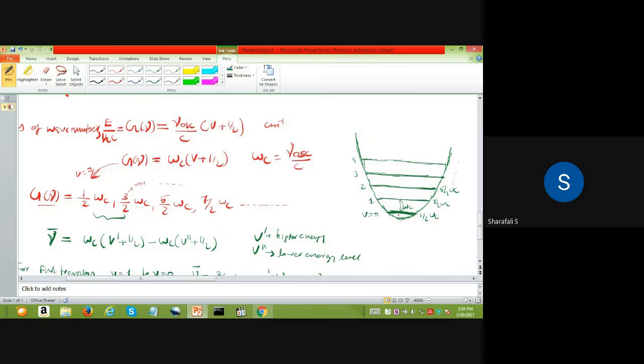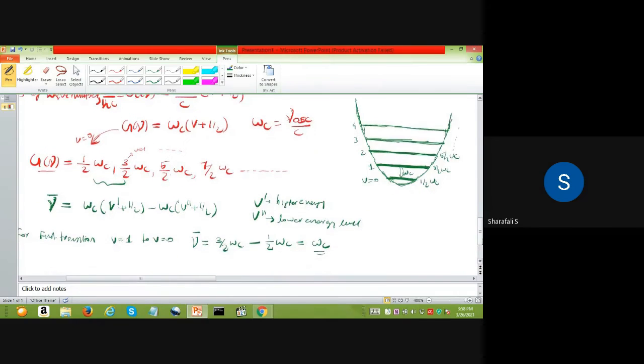If you are considering the distance between those atoms, each time this distance will increase. Okay. So that's how your energy levels look.